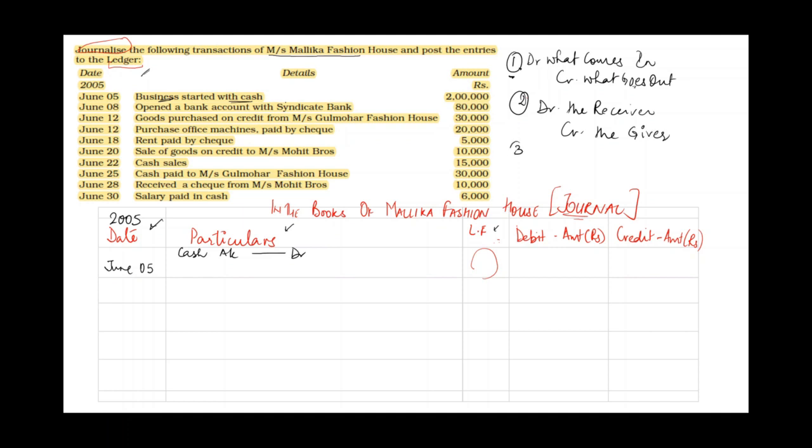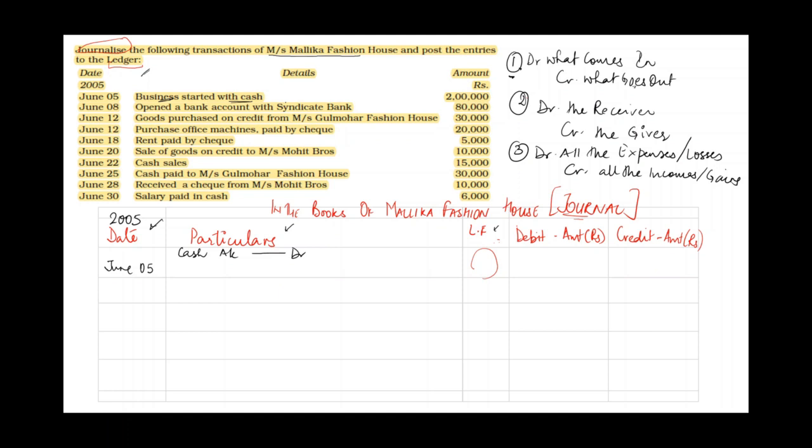My third rule is debit all the expenses and losses and credit all the incomes and gains. Based on these three principles only, all the entries are passed. That's why if you make any mistake in debit and credit, the journal may not tally.